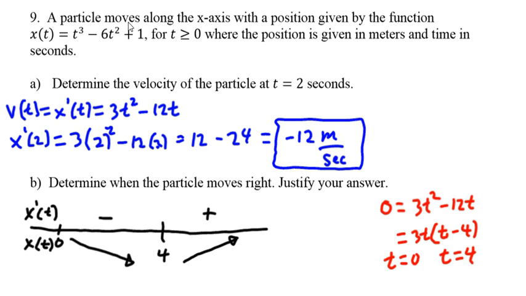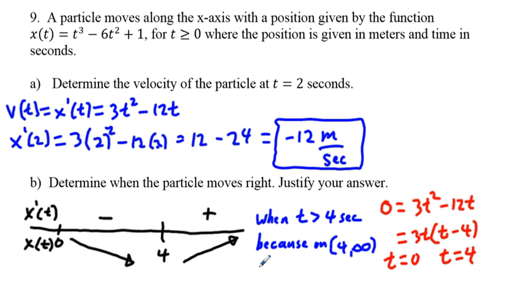So determine when the particle is moving to the right. We will say when t is greater than 4 seconds, because on the interval from 4 to infinity, x prime of t is positive.